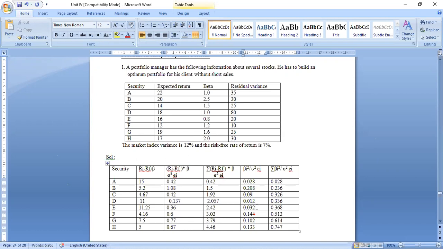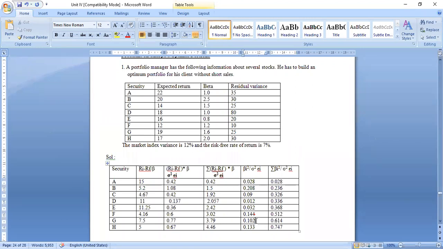Next, for security E, 0.8 square divided by 20 will give you 0.032. Next, for F, it is going to be 1.2 square divided by 10, that is 0.144.